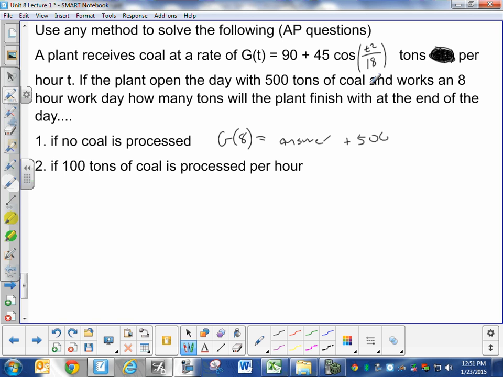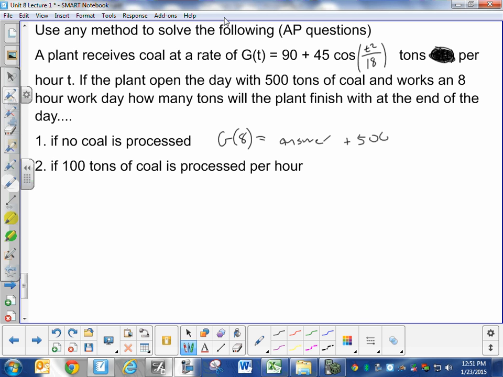And here's the ticket. This capital G, it's a derivative. That is a rate at which the plant is receiving coal. It is not how much coal has been received. Think about it as not the population, but the change in the population.